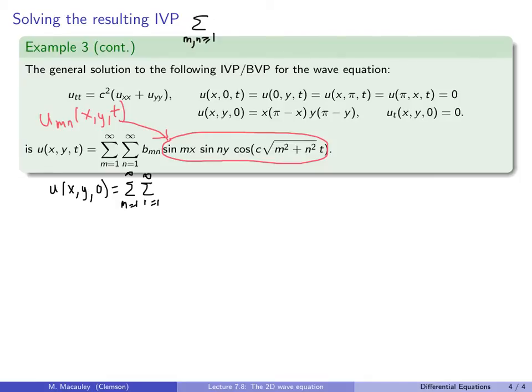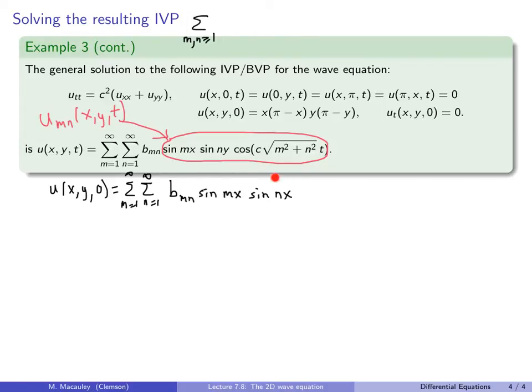When we plug in 0, the cosine term goes away, and so we have bmn times sine of mx times sine of ny, and okay, so what is this?